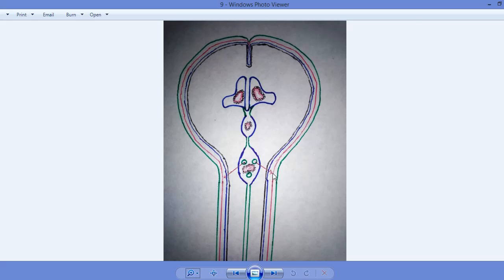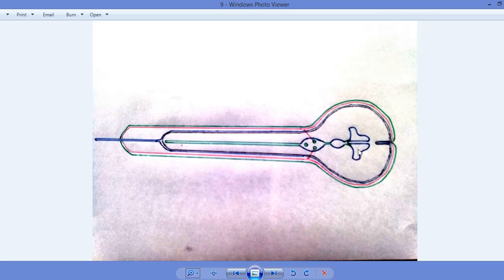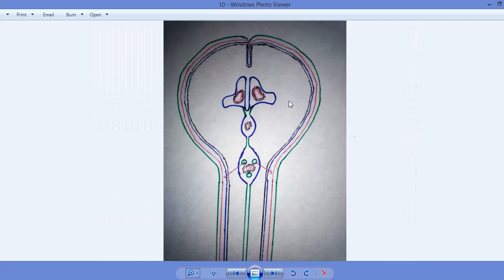The formation of the cerebrospinal fluid occurs in the choroid plexus, four choroid plexuses in total. On a daily basis 500 ml of cerebrospinal fluid is produced in these choroid plexuses and transferred into the ventricles, then to the third ventricle and the fourth ventricle.